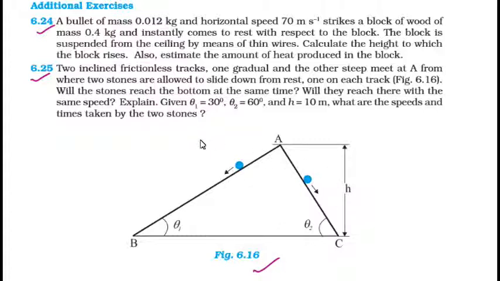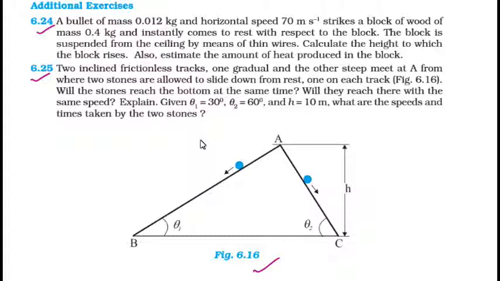Will the stones reach the bottom at the same time? Will they reach there with the same speed? Explain. Given theta 1 is equal to 30 degree, theta 2 is equal to 60 degree, height is equal to 10 meter.